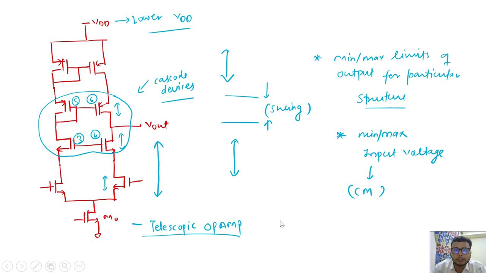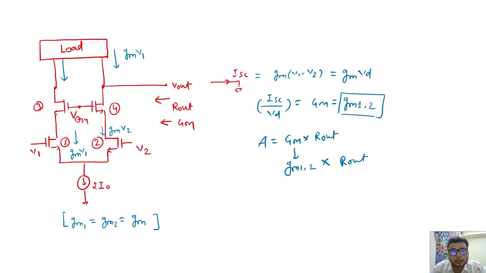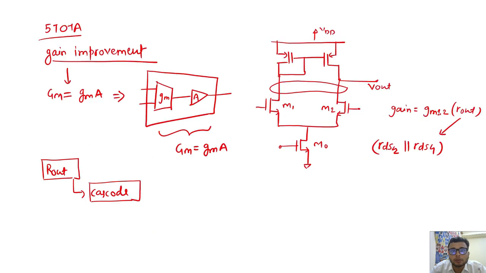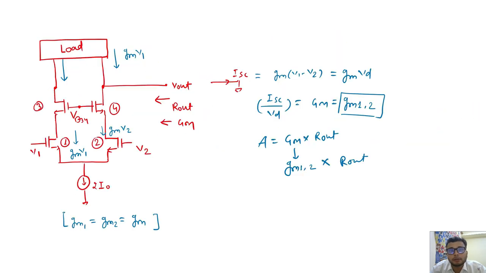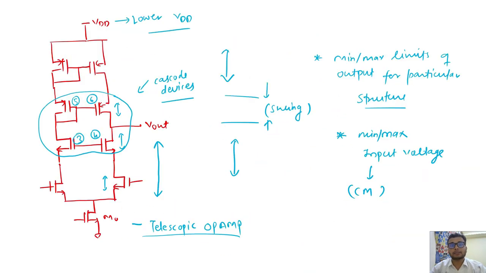So in this video I told how to improve the gain, and what the limitations are. In coming videos I'll tell you about the other aspects of the 5 transistor OTA. I will not go into much detail of this telescopic structure.